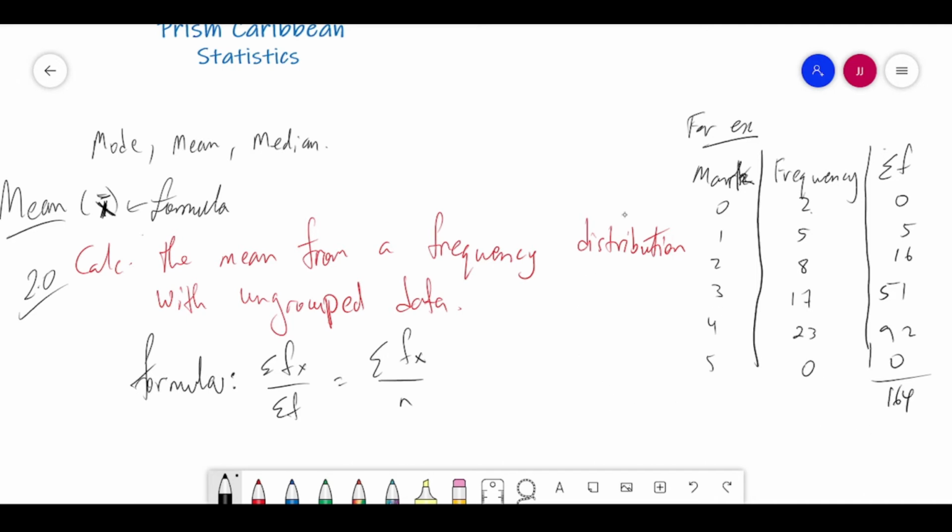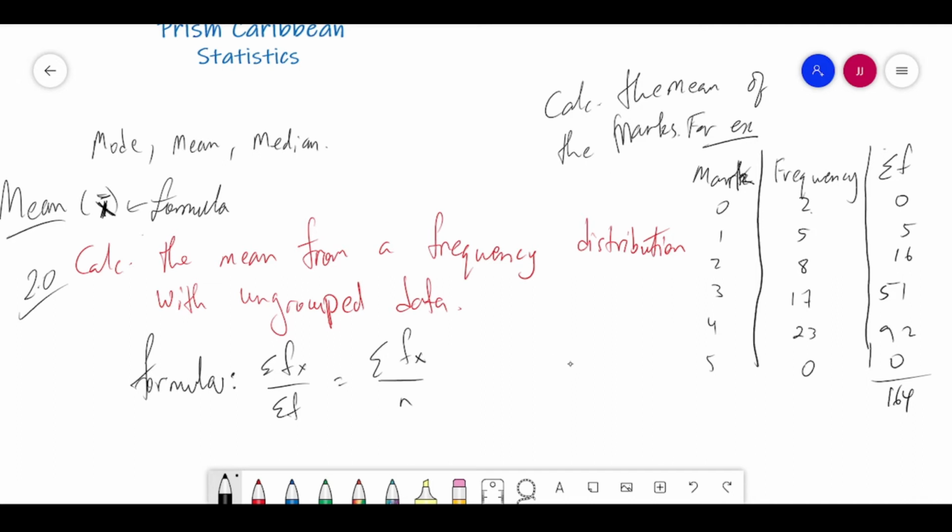But the question is, let's say they say calculate the mean of the marks, right?